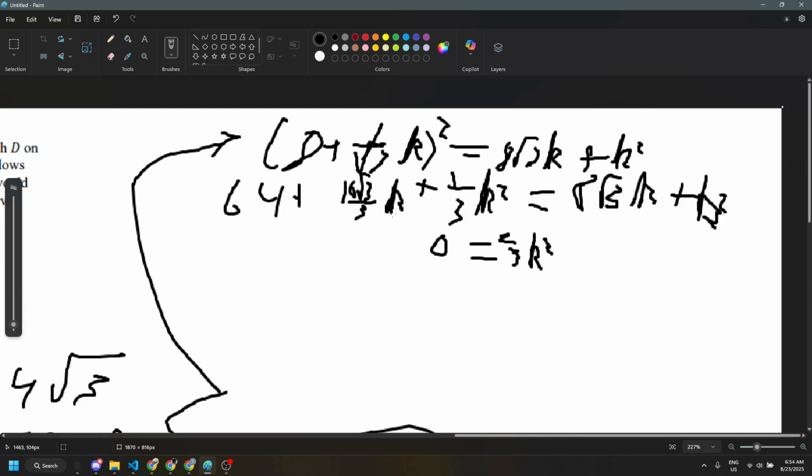Subtract 16 root 3 over 3. So this would be 24 root 3 over 3. Oh, so we just get 8 root 3 over 3.